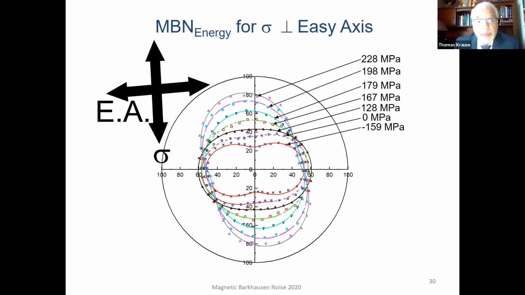We can increase the Barkhausen noise substantially when we apply stress perpendicular to the easy axis. Again, this relates to it costing more energy to add 180 degree domain walls when there are already some there. So in this case, we get the biggest change in Barkhausen noise by applying stress perpendicular to the easy axis.